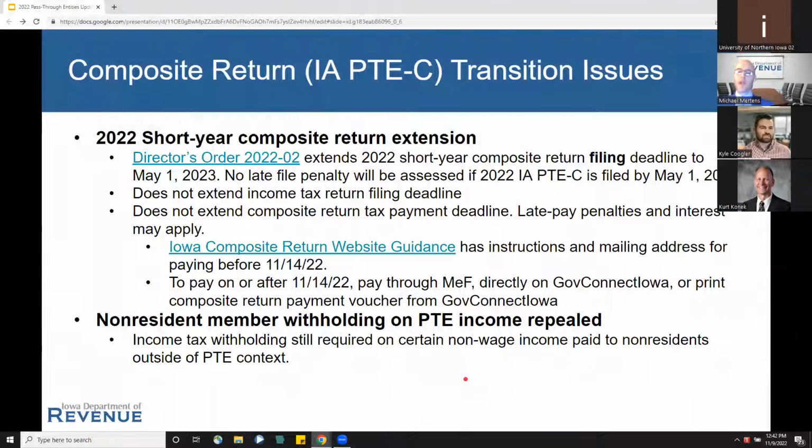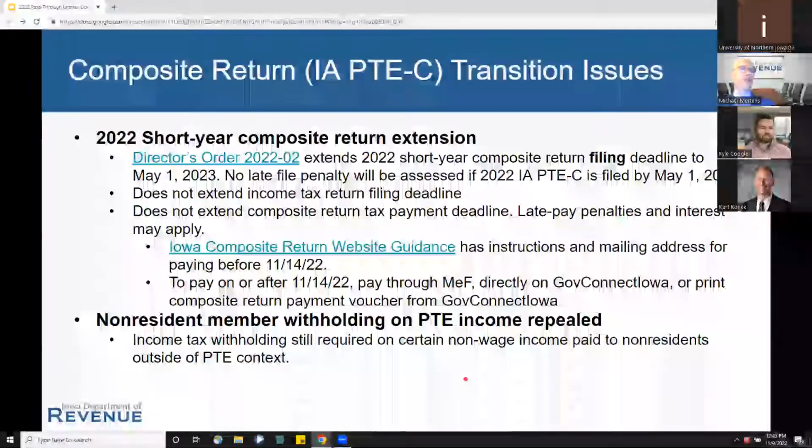So for any short year tax year filer, that short year composite return will be due May 1st, 2023. There will be no late filing penalty assessed as long as that composite return is filed by May 1st, 2023.